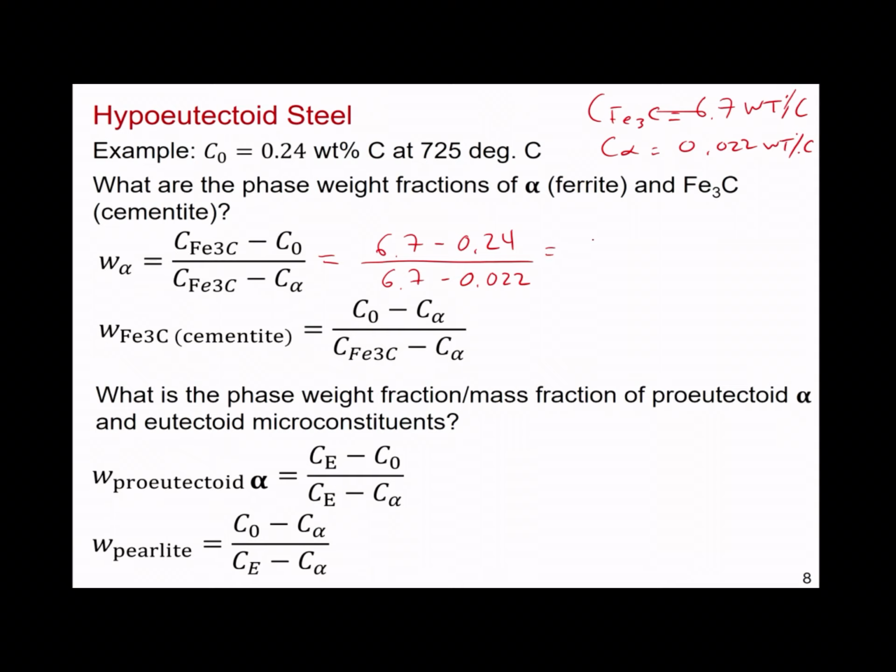I get 0.967 weight fraction of alpha. Okay, all of the alpha that I have in my system. I'm not talking about just pro-eutectoid alpha or eutectoid alpha, just all the alpha in the system, right at that composition and temperature, is 96.7%.